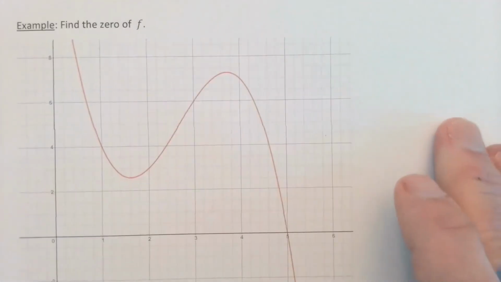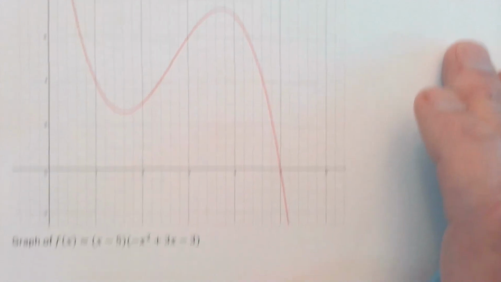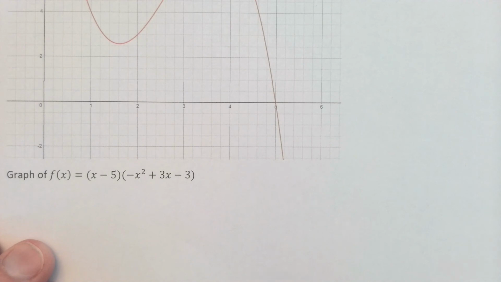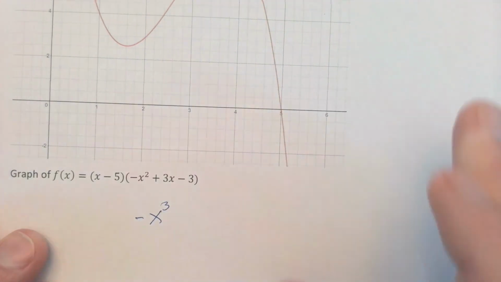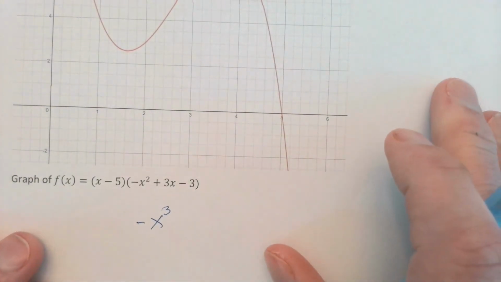Okay, finally, here's a problem that is not a quadratic equation at all. As a matter of fact, if you took this and multiplied it all out, you'd find out that it's a third degree. It's got a term that looks something like this in it. And it's what we would call a cubic equation.